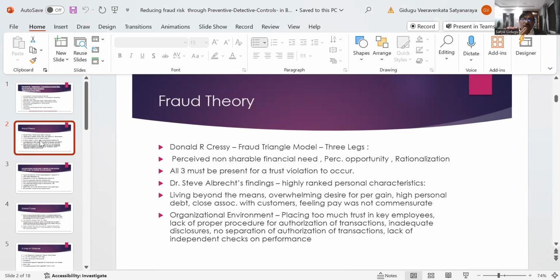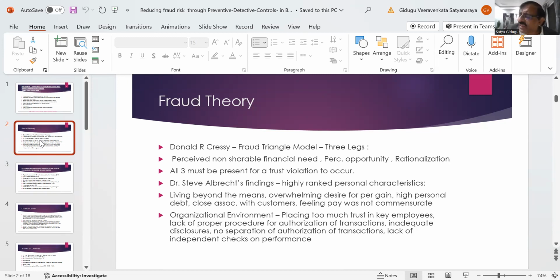So fraud. Donald Cressey, he spent a lot of years in the US prison, and he came out with a triad, the fraud triad. That fraud triad, I am telling you, dear colleagues, friends, works mostly.